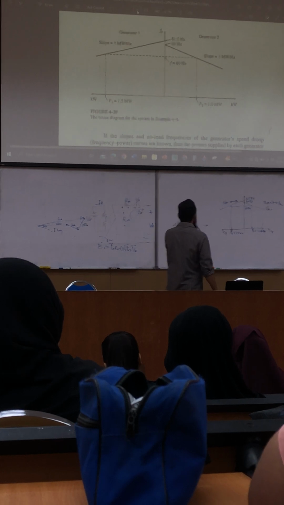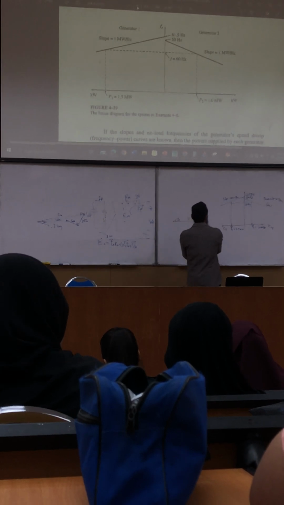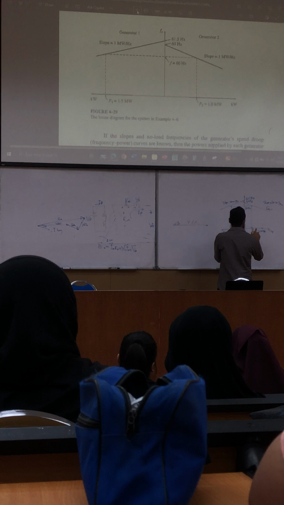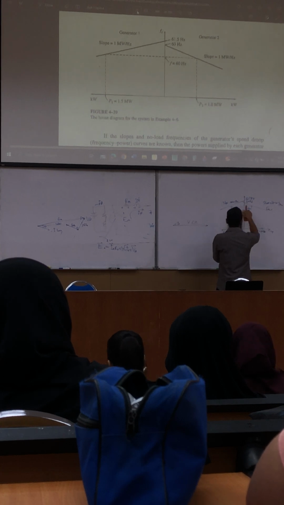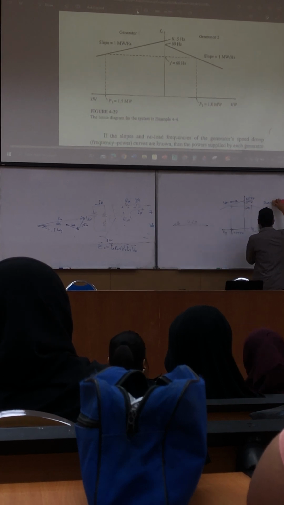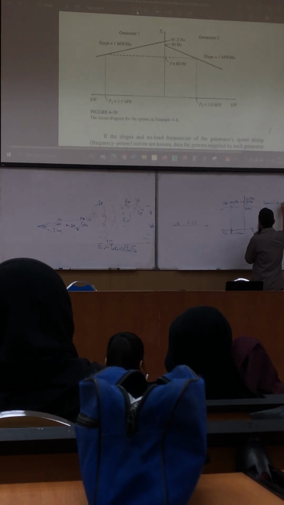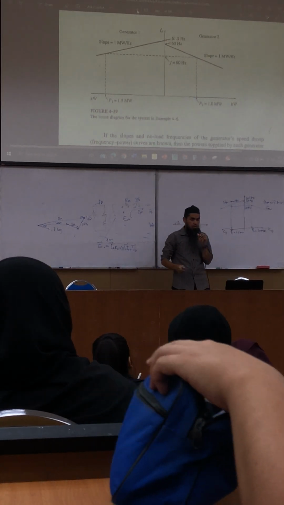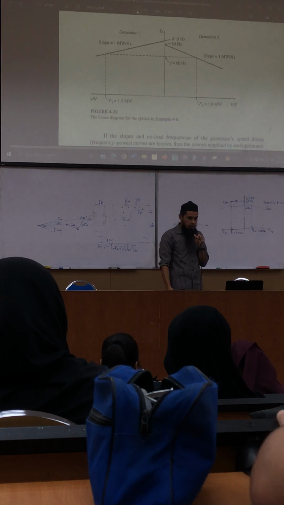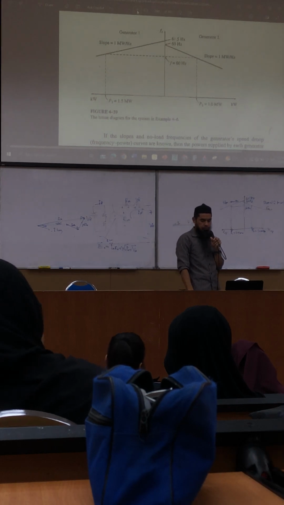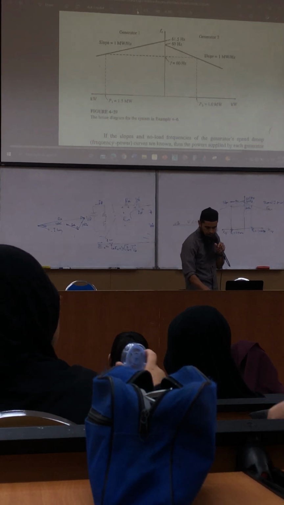Okay, to avoid some confusion, 1 megawatt slope ni kita kena adjust it. The right hand side we put it 1.2 instead of 1.0. Sebab nanti nak bezakan megawatt per Hertz. Right hand side make it 1.2. Okay.